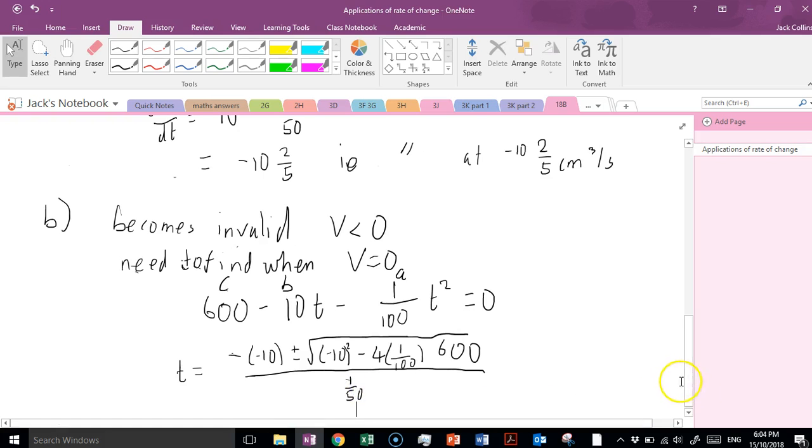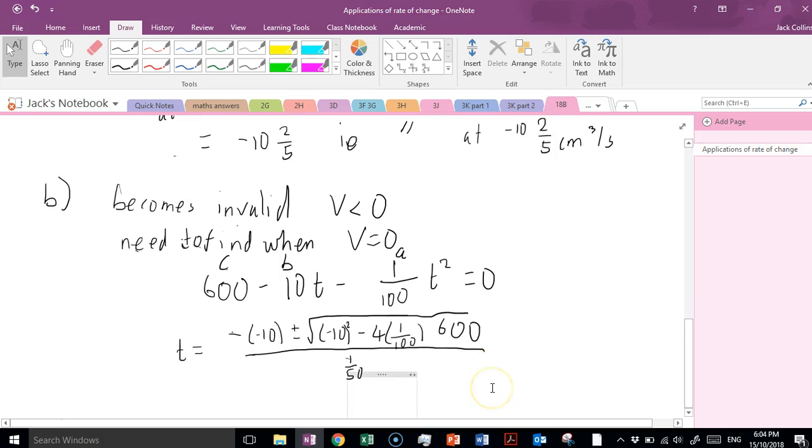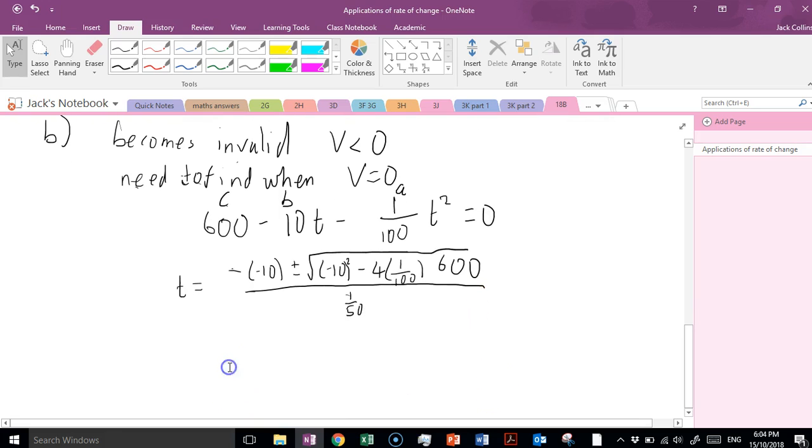I would just put that in your calculator as it looks there, and you'll get t equals negative 1056.78 or t equals 56.78.